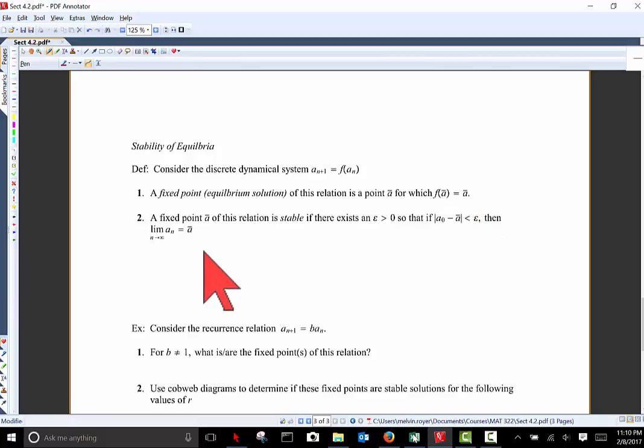And then we'll say that a fixed point is stable, and we sort of drew this picture before. Here's n, here is a bar, and we'll say the fixed point is stable if there is an epsilon. I can hear the groanings already. This sounds like limits in calculus. It's not really.